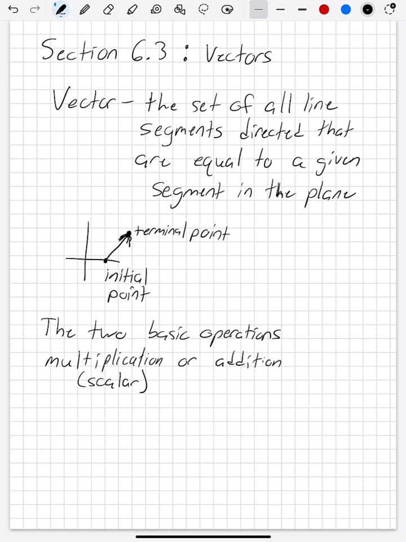All right. And one of the more important things that we can do with a vector is to find its magnitude, which is really just to say that we find the length of the vector. We denote vector magnitude by 2 vertical bars on each side of the vector name.